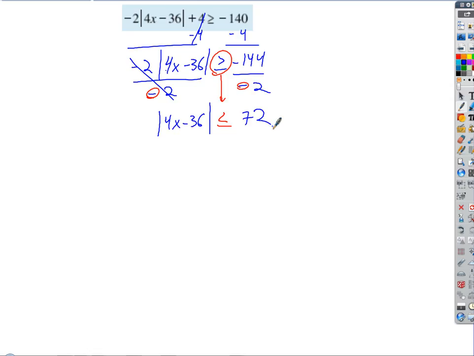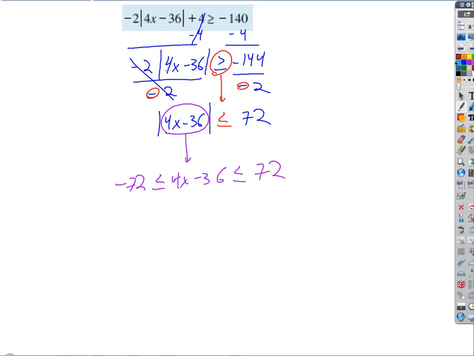So I've got an absolute value less than a number, and remember, that's the one where the argument of the absolute value is pinched between negative 72 on the lower limit and positive 72 at the upper limit. And now I've just got to solve for x.